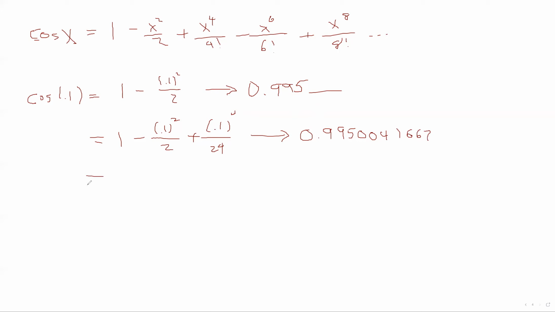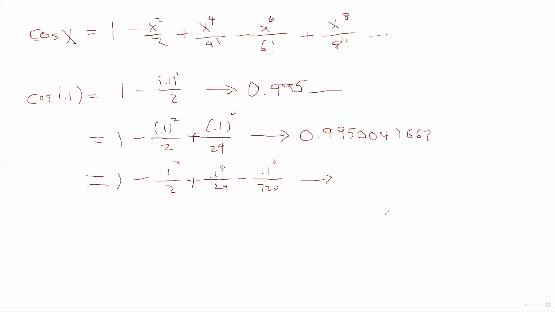All right, let's go one more. 1 minus 0.1 squared over 2 plus 0.1 to the 4th over 24 minus 0.1 to the 6th over 720. Don't ask me to do factorials past 6.